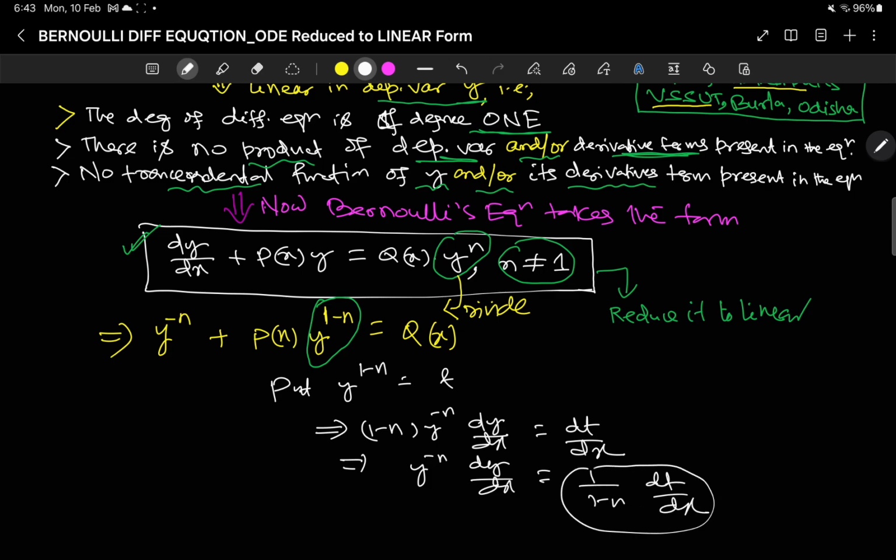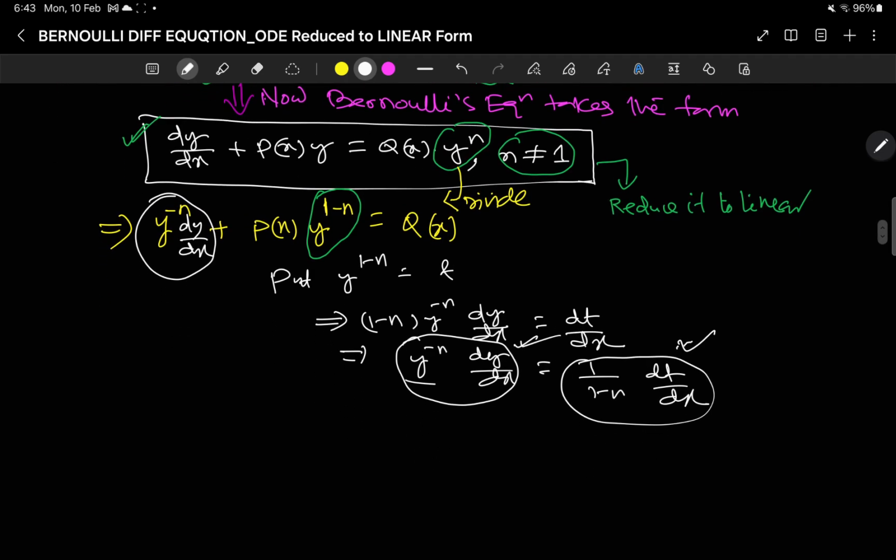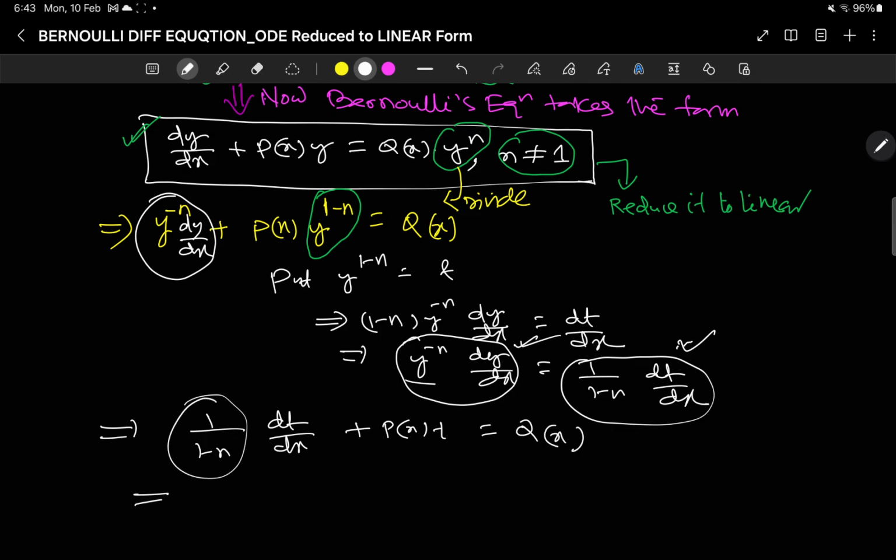So now you substitute this for y to the power minus n dy/dx. So we will get 1/(1 minus n) dt/dx plus p(x) t is equal to q(x). You may now multiply by 1 minus n.